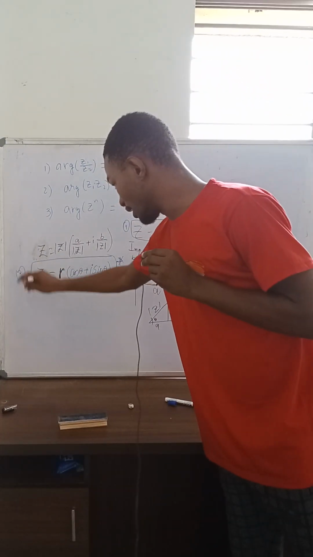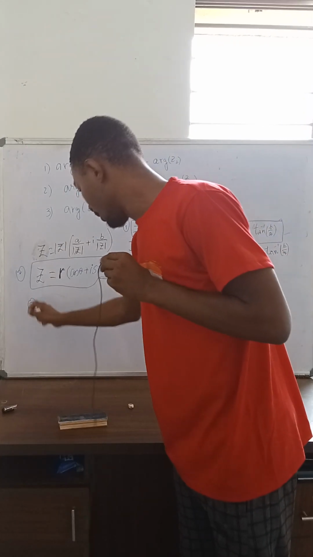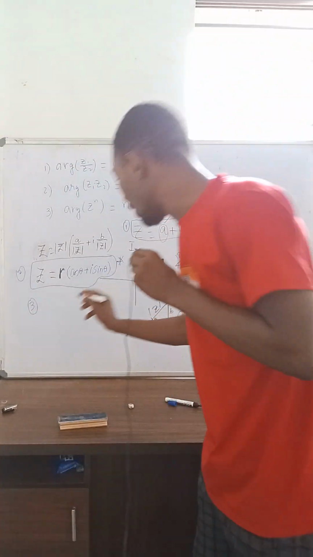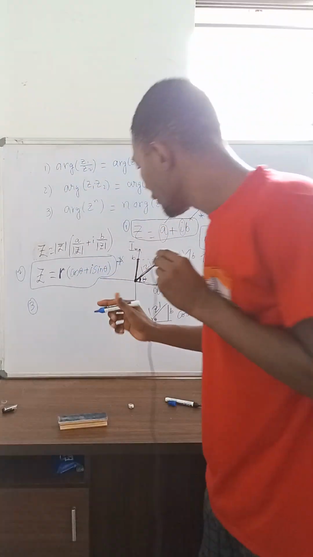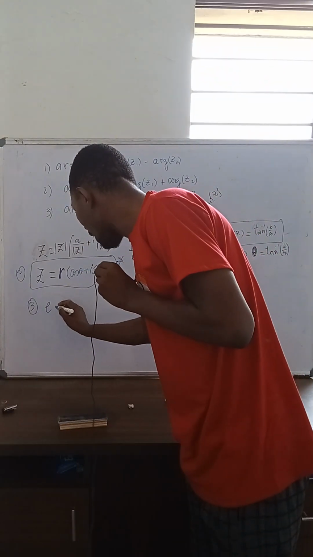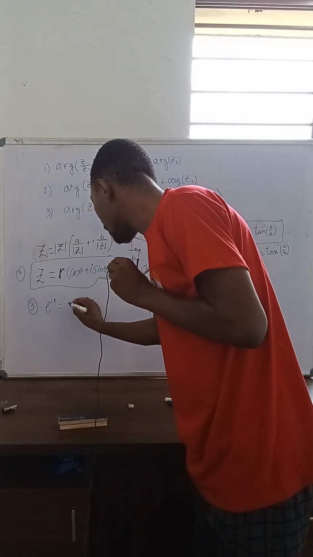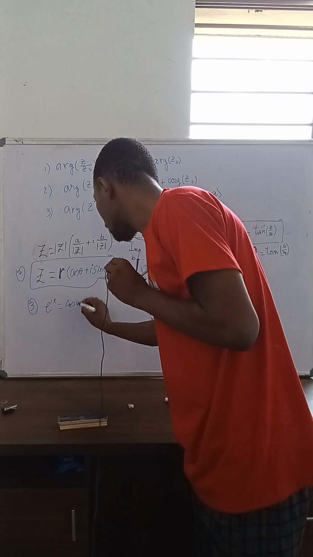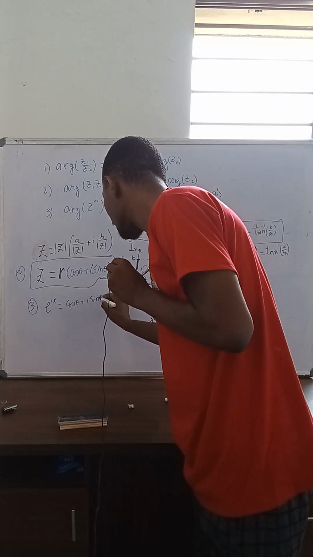Usually you'll find this is the first way, then you'll find the second way. Then there is a third way. This third way is derived according to Euler's equation. What is Euler's equation? It says that e raised to i x is equal to cos x plus i sine x.